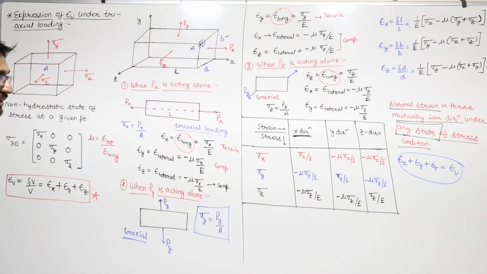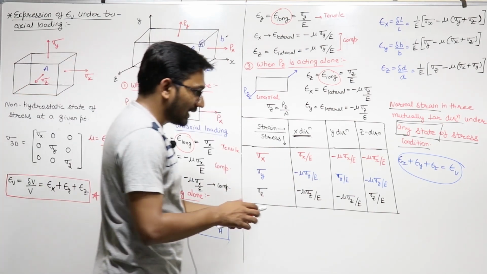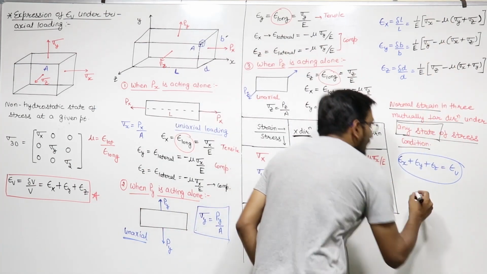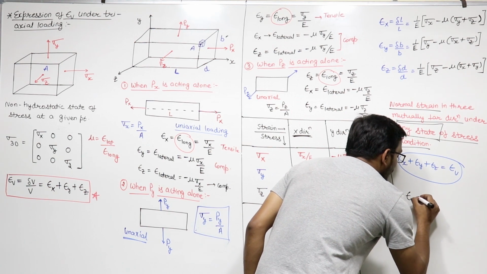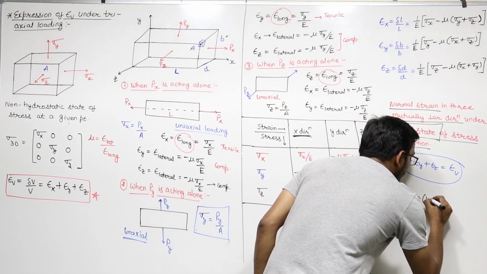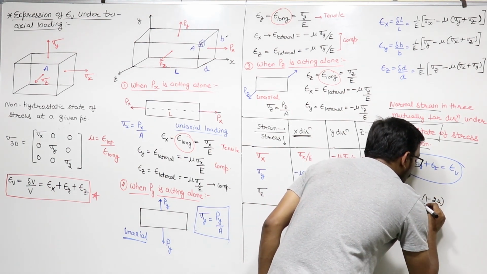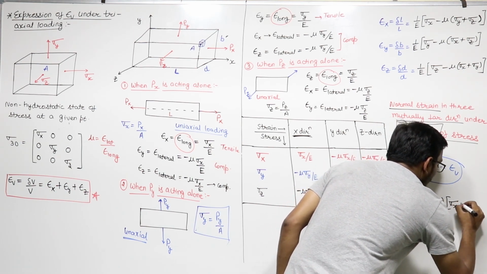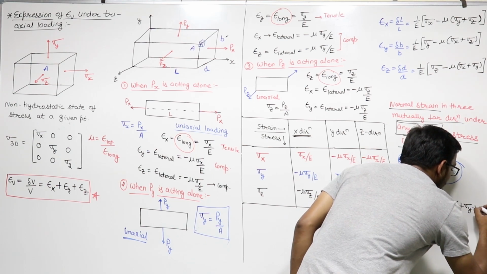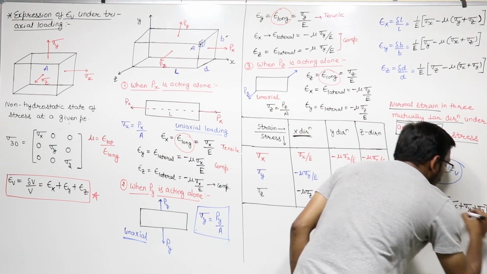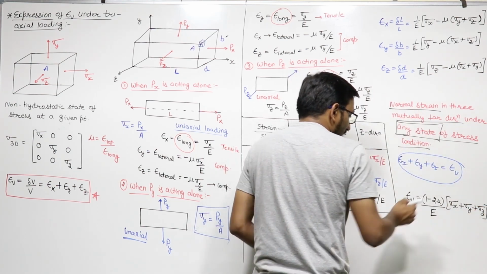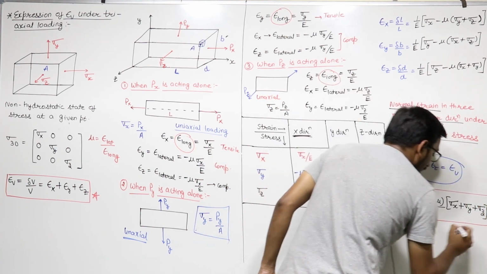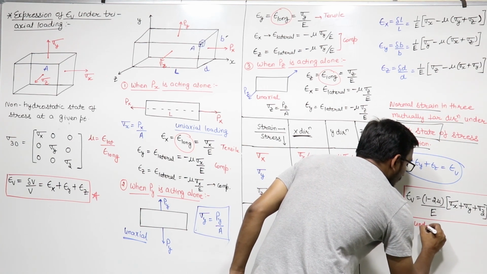Volumetric strain is the summation of all these. So if you add all this, then the volumetric strain will be equal to 1 minus 2 mu divided by E into sigma x plus sigma y plus sigma z. This is the expression for volumetric strain under triaxial loading.